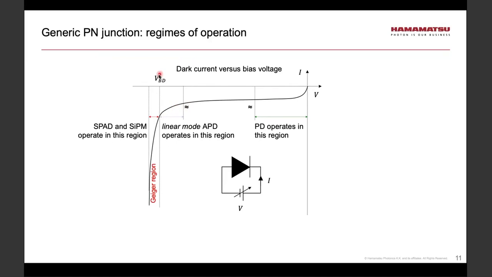There is a voltage known as the breakdown voltage, which separates this linear mode operation from what we call Geiger mode operation. The significance of this voltage is that if the reverse voltage is higher than VBD, then if I produce an avalanche in the device, that avalanche by itself would not quench, would not stop. It has to be stopped either passively using, as we'll discuss later, a resistor, or actively using a current sensing circuitry and a MOSFET transistor.